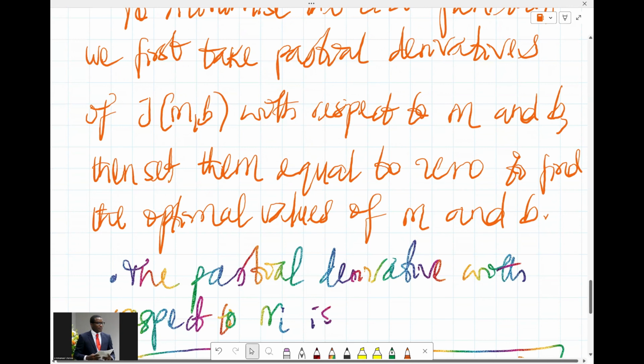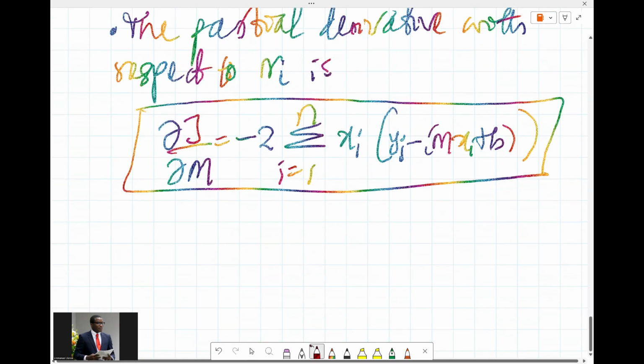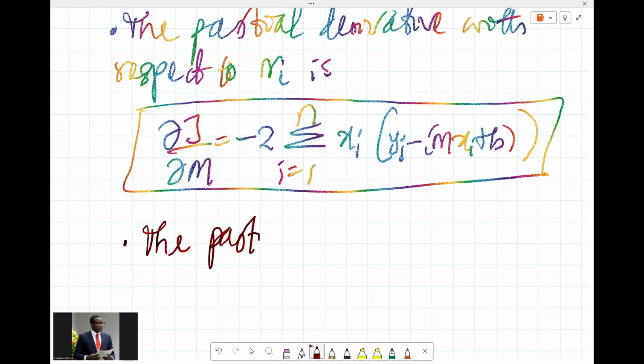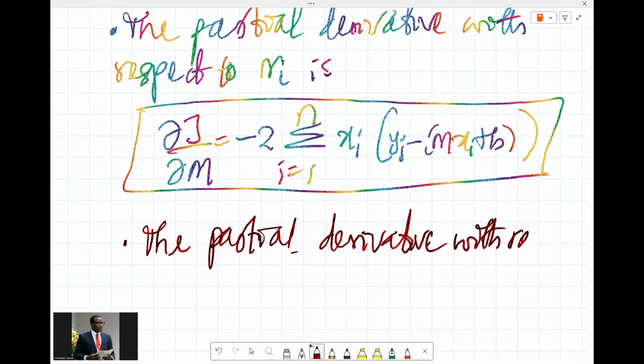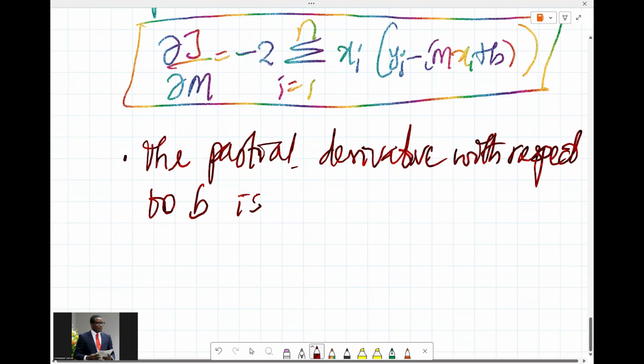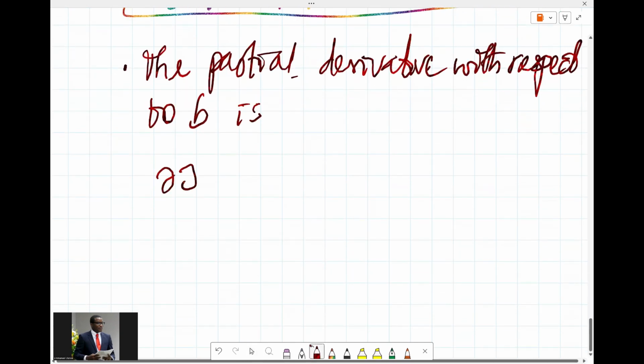Okay, so we have the other one, the partial derivative with respect to b, which is partial J, partial b, and that is equal to, so let's go back there.